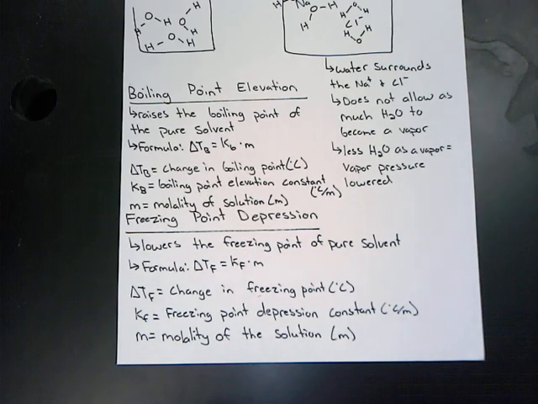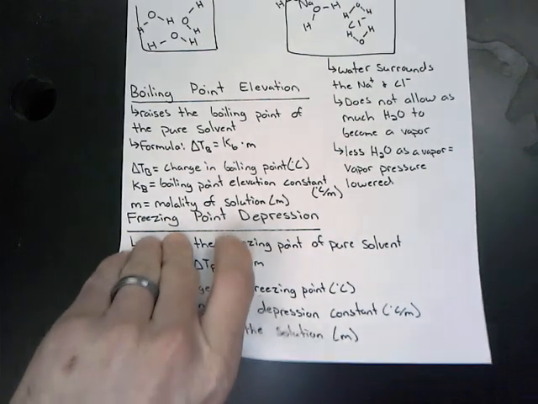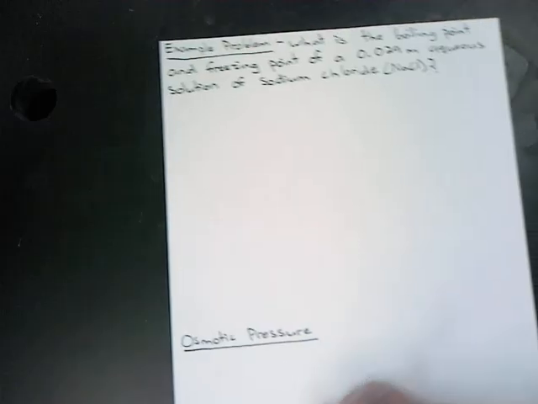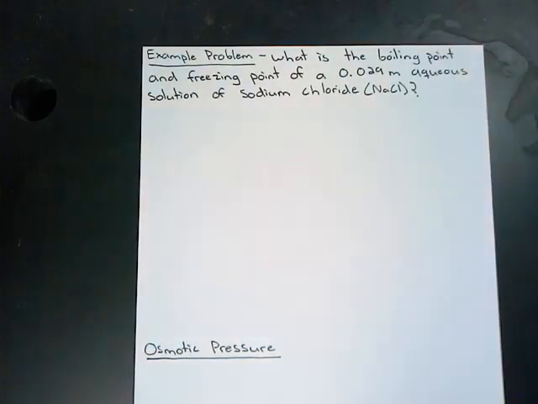All right, so let's go ahead and go through an example problem using these two formulas that we have here. So we'll transfer to this third page, and I just want you to read that problem over, and then what we're going to do is work through the example together.